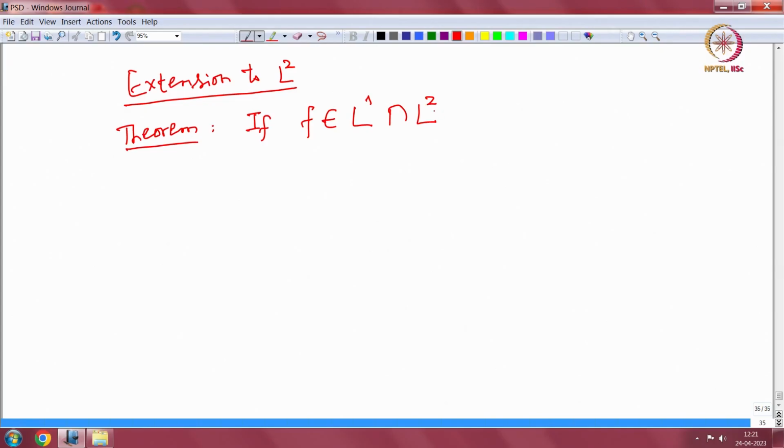So what does this extra assumption tell about the Fourier transform? We certainly know that f cap is a bounded function, but in this case f cap is also in L2. So this extra information we are getting from this assumption.